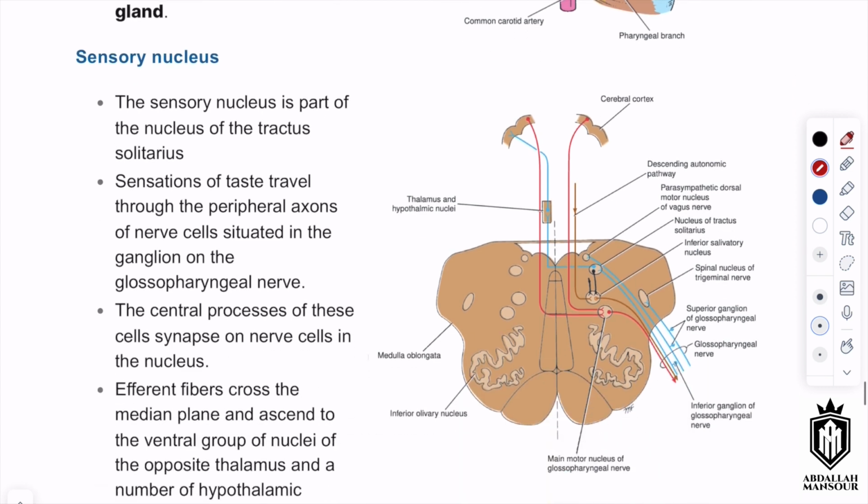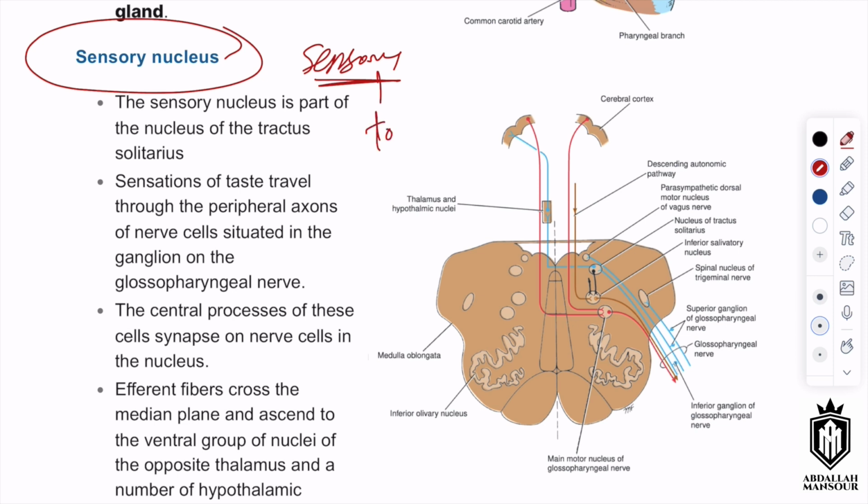And finally, the sensory part of the glossopharyngeal nerve, which is related to the posterior third of the tongue and the mucous membrane of the pharynx.